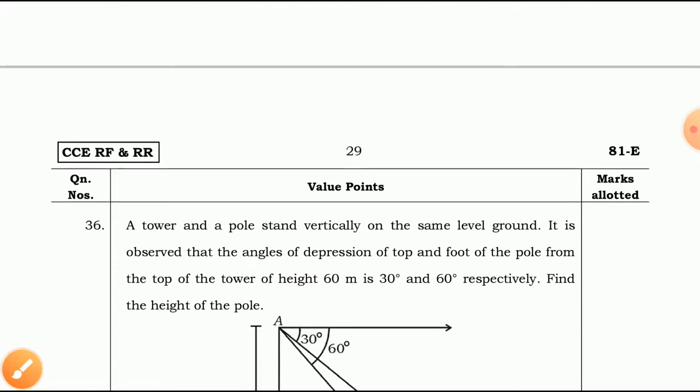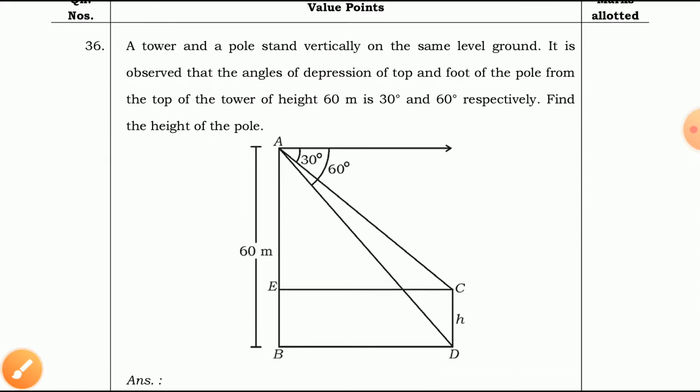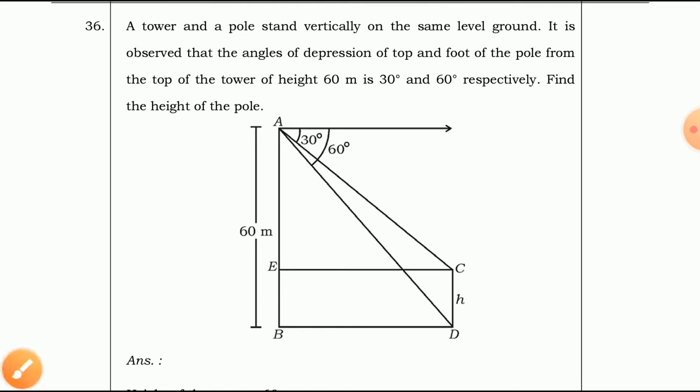Next, move on to question number 36. A tower and a pole stand vertically on the same level ground.